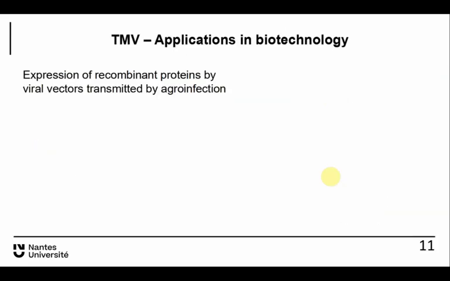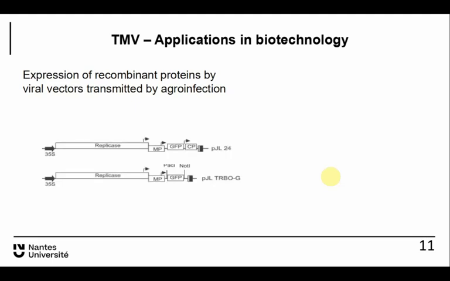So we've known about TMV for a very long time and understood how it works, and it's something that's been exploited to try and develop recombinant viruses for protein expression in plants. So there are two different recombinant vectors shown here.